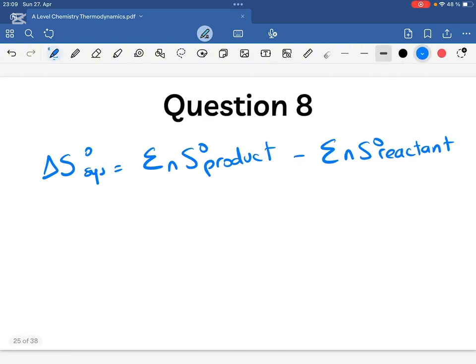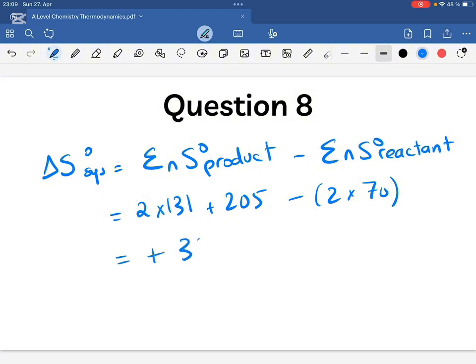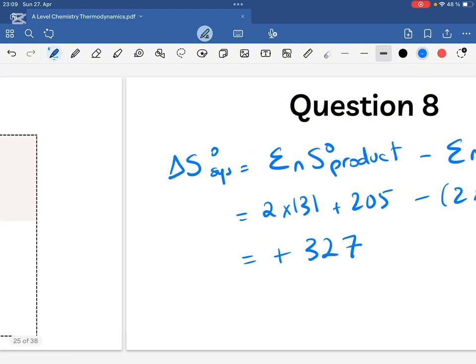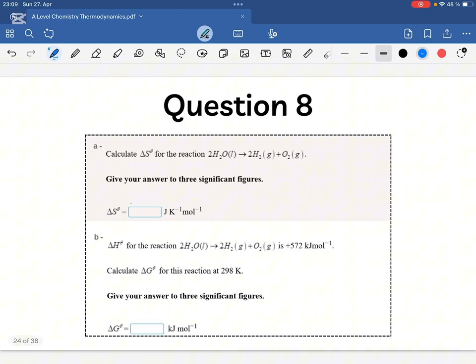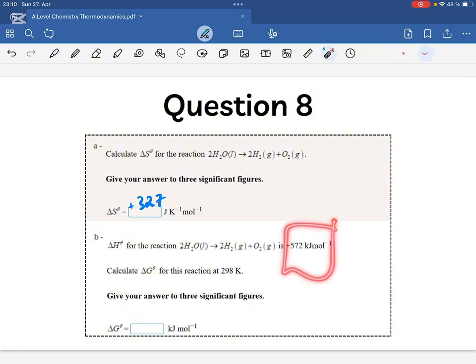So it's going to be equal to 2 times 131 plus 205 minus 2 times 70. It's going to be equal to plus 327 joules per Kelvin per mole. So this is the answer. It's plus 327.